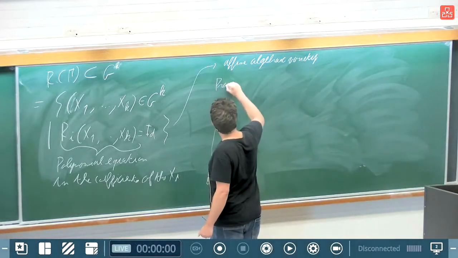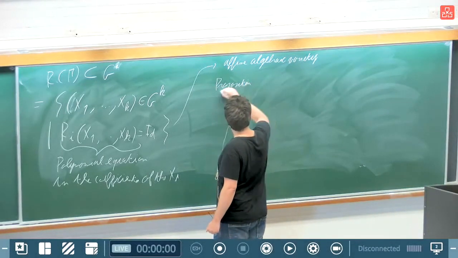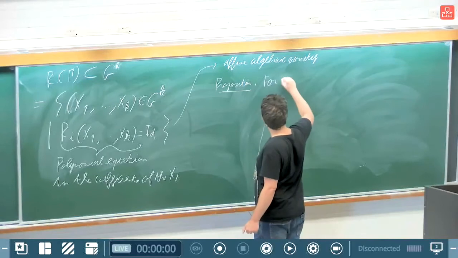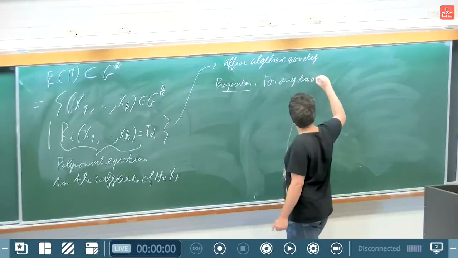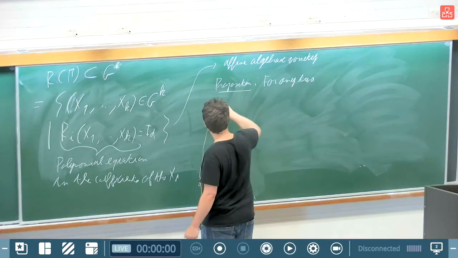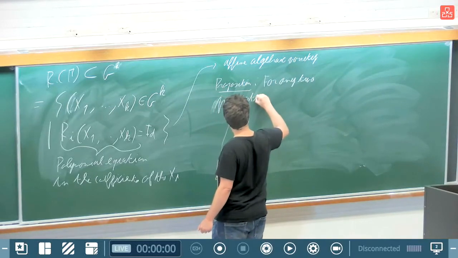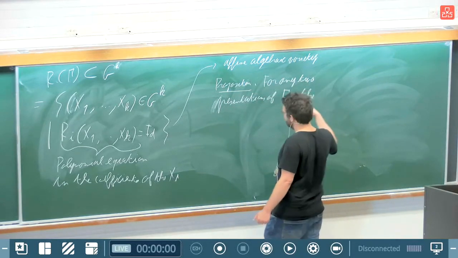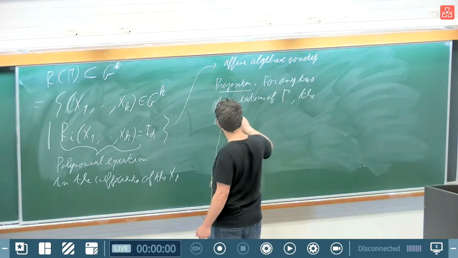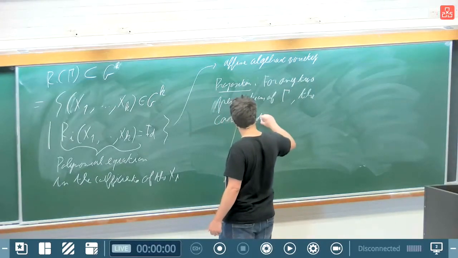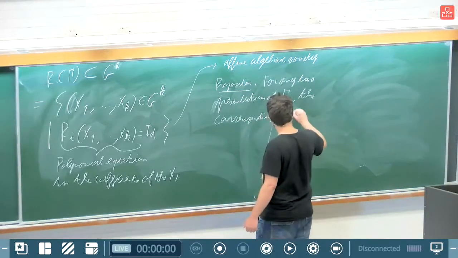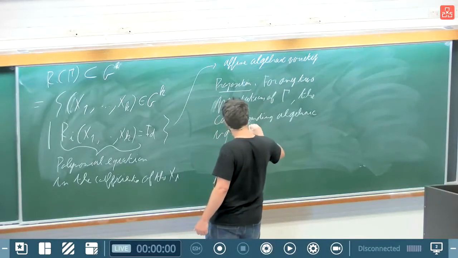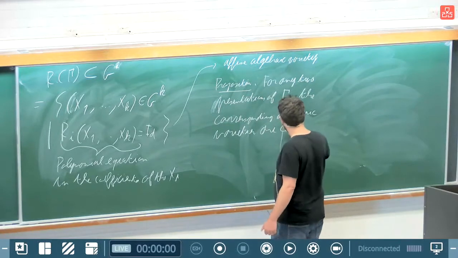And something that's maybe not entirely obvious is that for any two presentations of gamma, the corresponding algebraic varieties are canonically isomorphic.